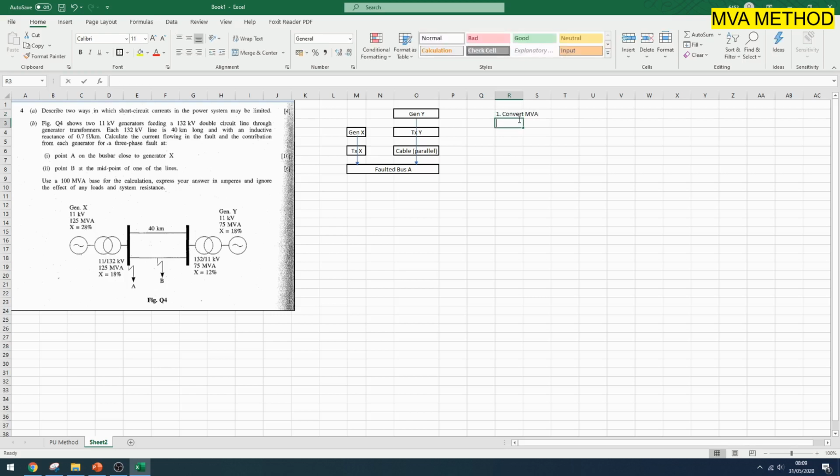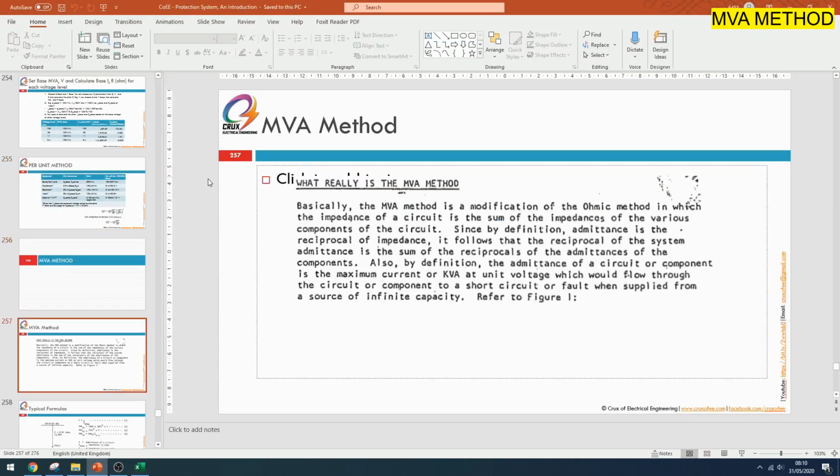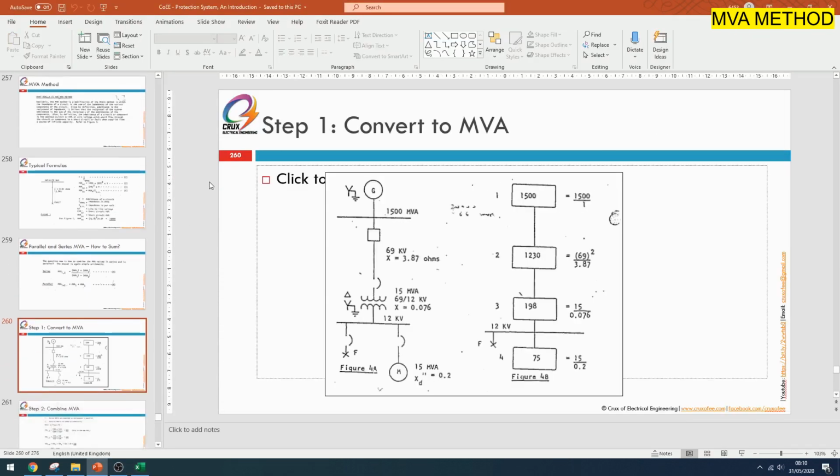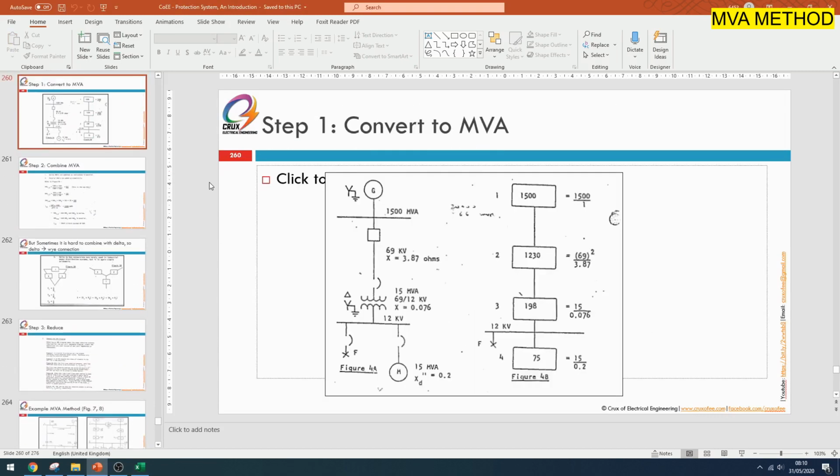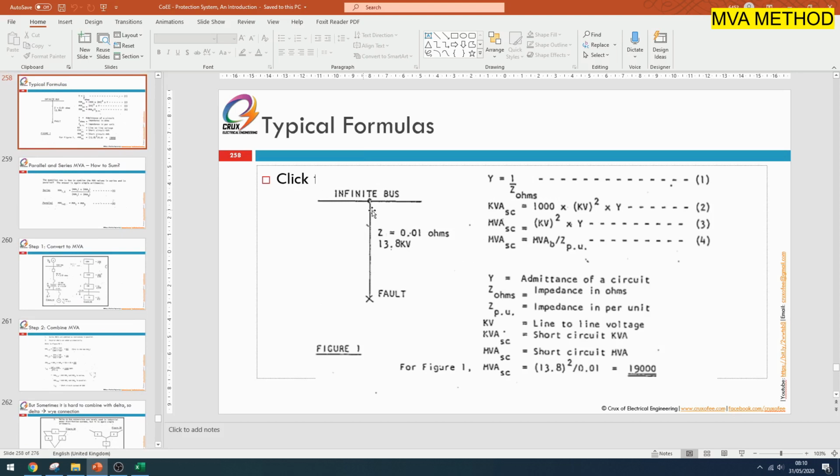For Gen X, your MVA given is 125 MVA. For the transformer, let me put down here the formula for you guys.